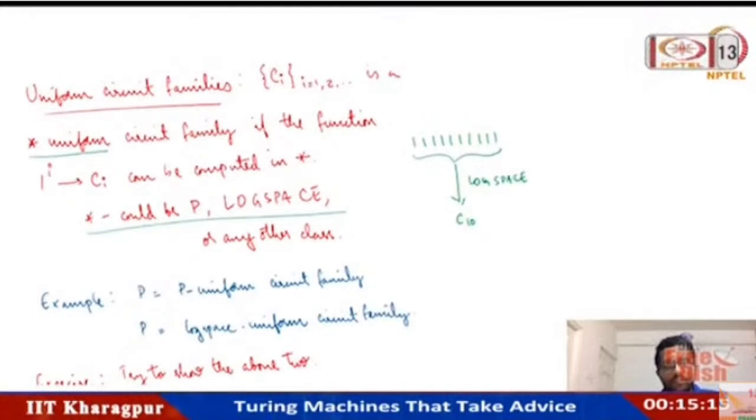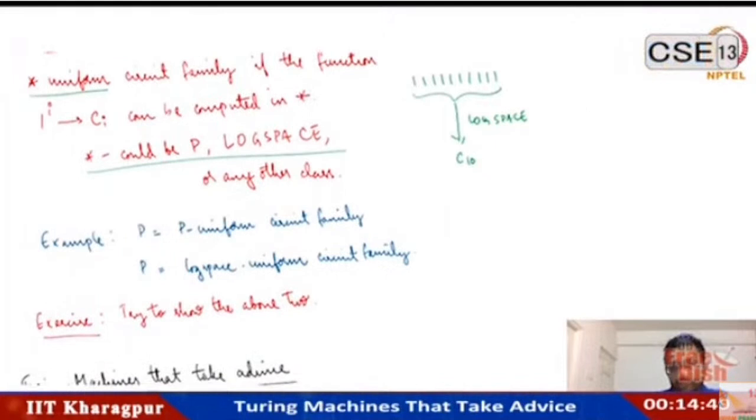So this does not have the non-uniformity, right? Because given any input length, you have a way to generate a circuit family in an algorithmic manner, using a controlled algorithmic power, and then it is just about the circuit evaluating a certain input, right?